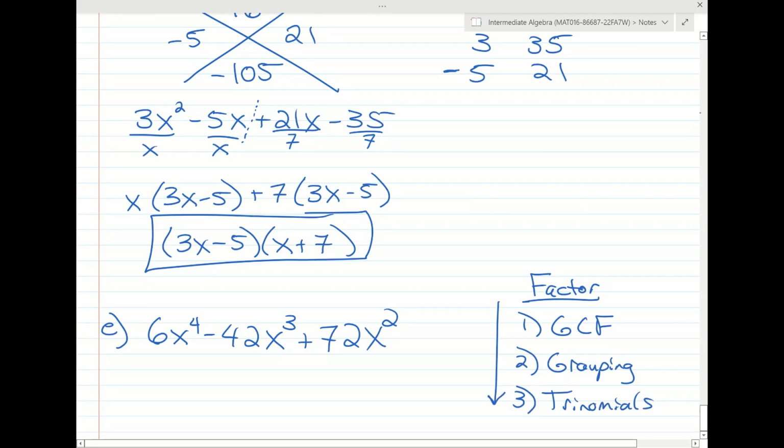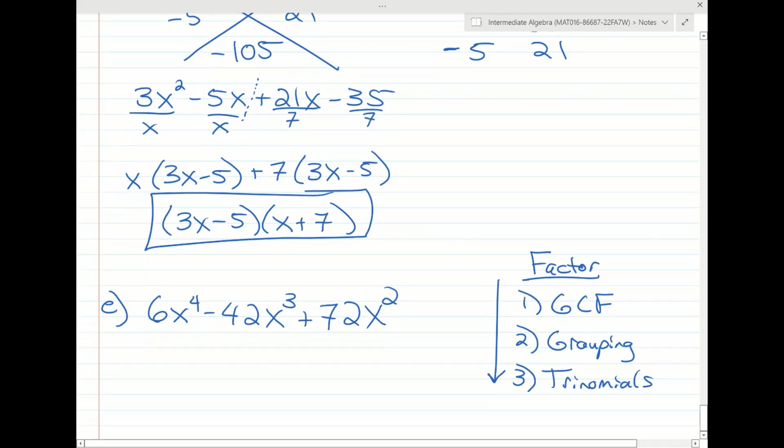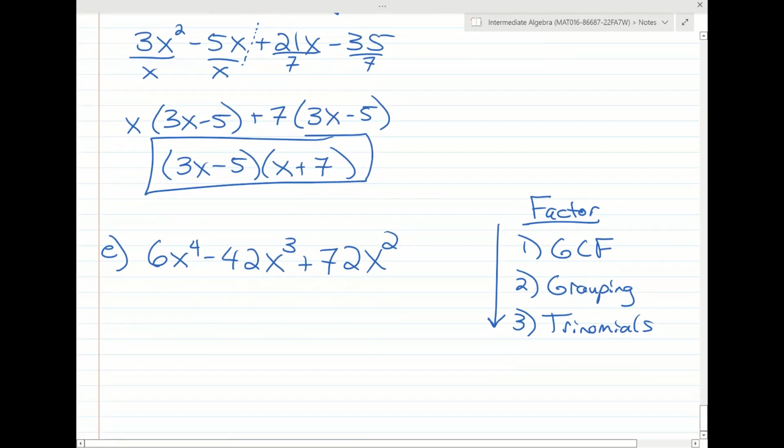So this is a trinomial, but we could even take out a GCF before we even get there. Does anyone see a number we could take out of 6, 42, and 72? They're a GCF of the whole thing.